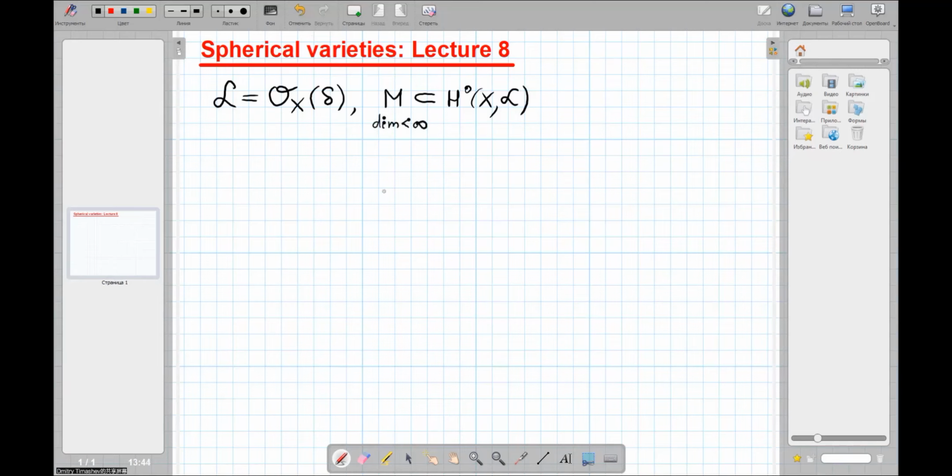And this gives rise to a rational map phi from X to the projectivization of the dual space.